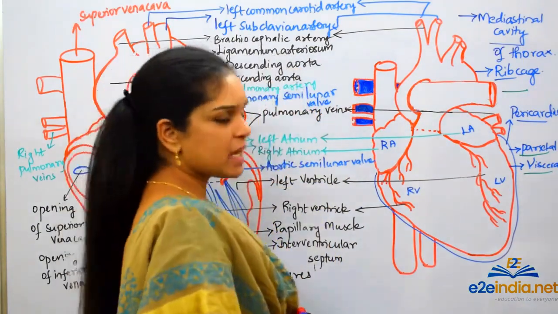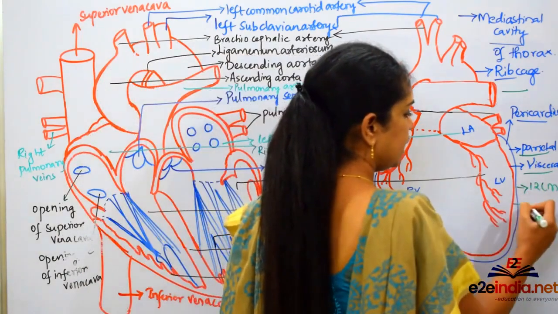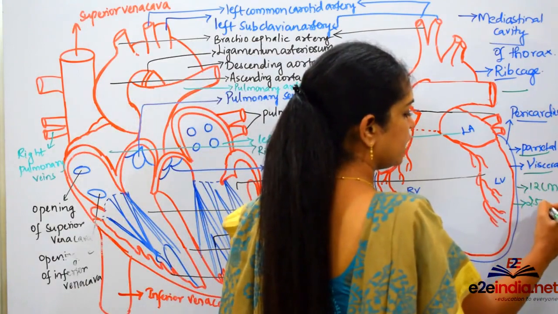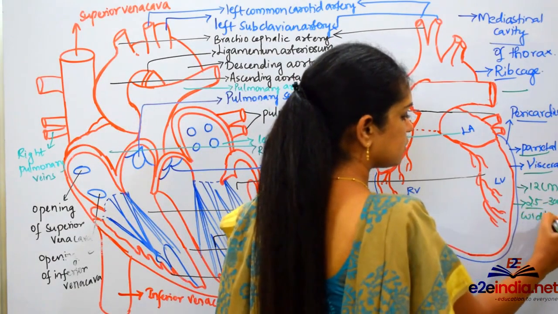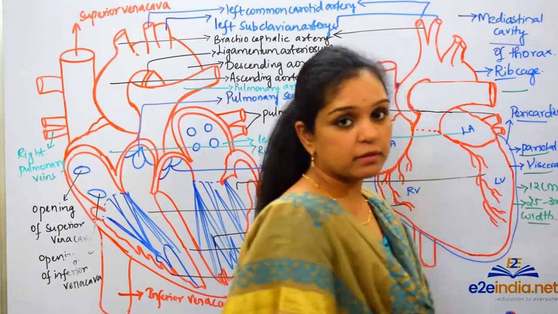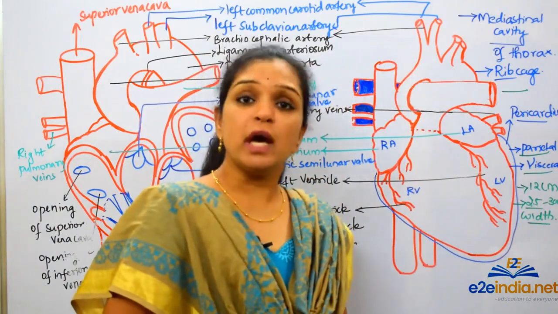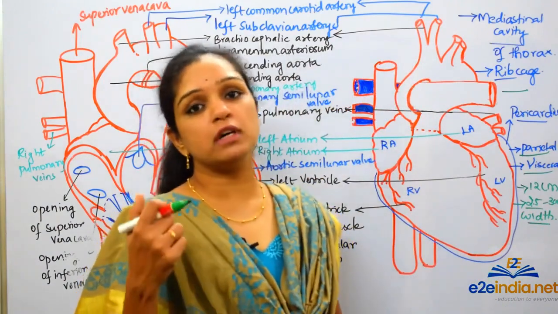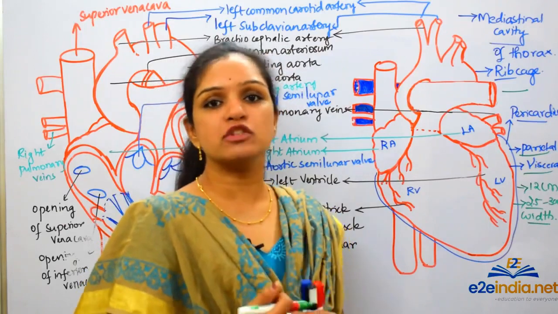When it comes to the size, it is approximately 12 centimeters in length and nearly 2.5 to 3 centimeters in width. In your earlier classes, you have studied that the size of the heart is about the size of one's fist.